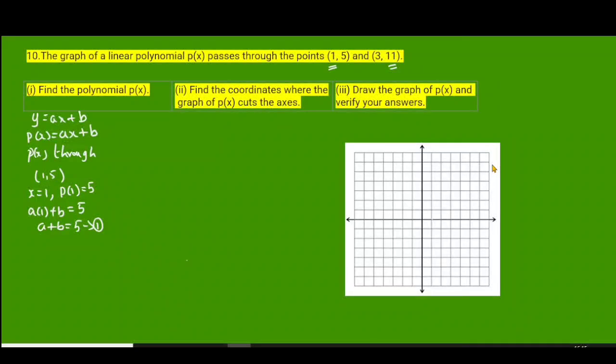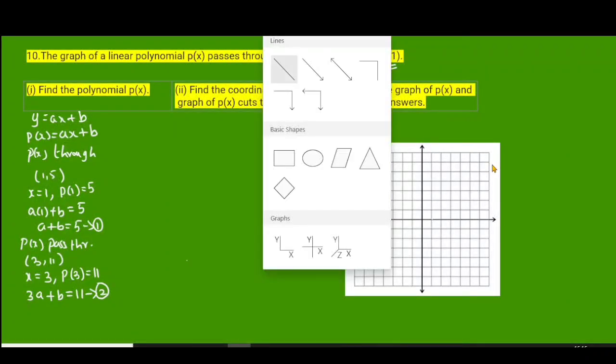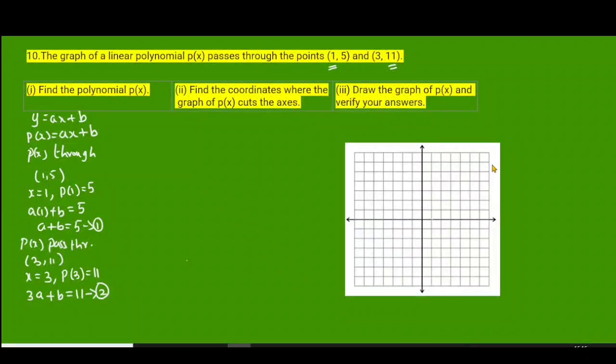Now the second point, P of x passes through (3, 11), which means x is equal to 3 and P of 3 is equal to 11. So 3a plus b is equal to 11 is our second equation. Now on solving these two, we will get the values for a and b.